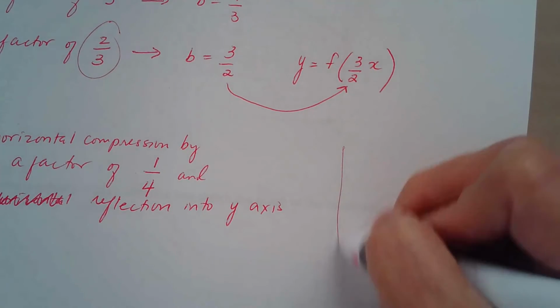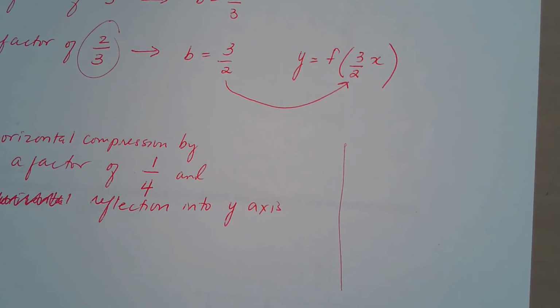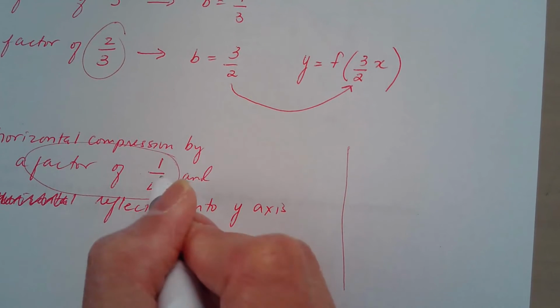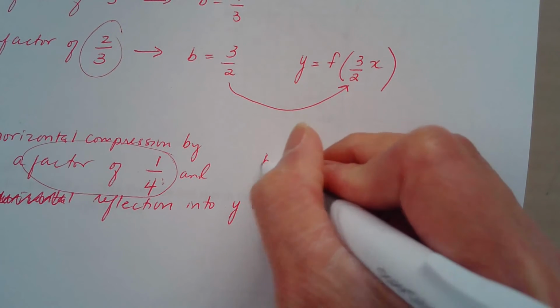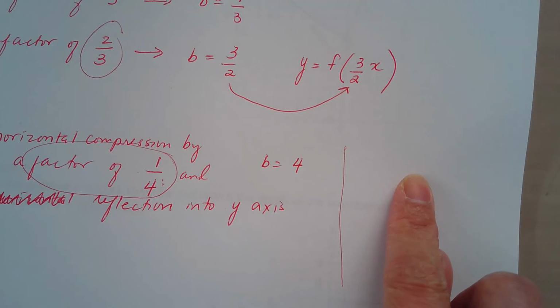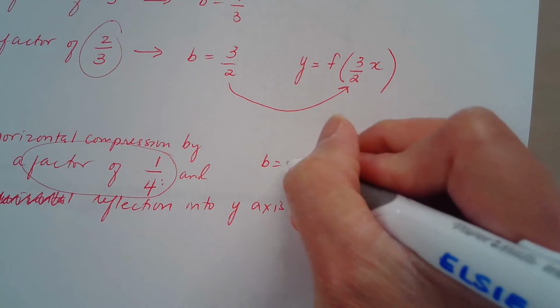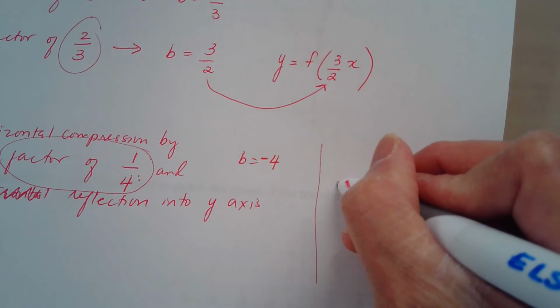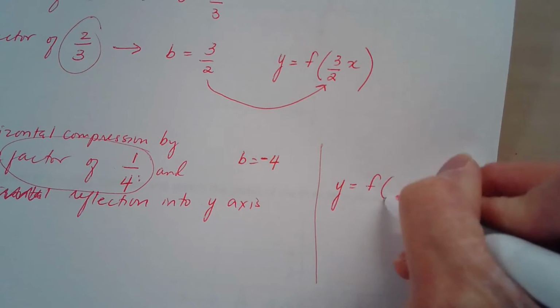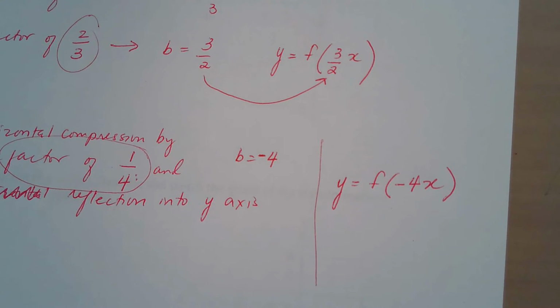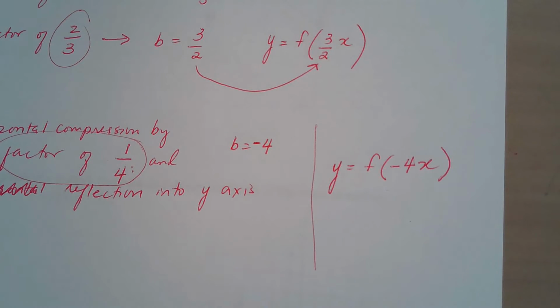So here's the y-axis, there's a reflection into the y-axis, so the x will change to the negative. So the factor of 1/4, right? So what's the b? B is 4. Now there's a reflection into the y-axis, so if the graph is here, then it's going to be over here. So it's going to be -4 if we combine these two. So it would look like this in the equation: y equals f of -4x. Okay? So that's the only thing. The b is the only one that's taking the reciprocal.